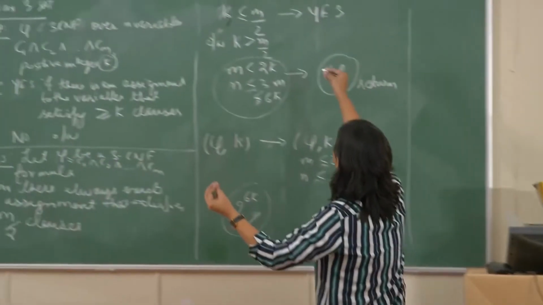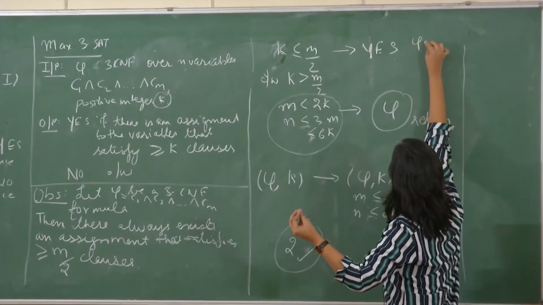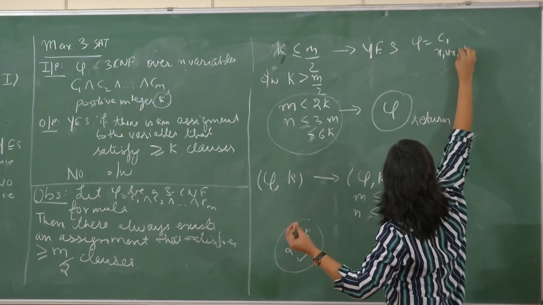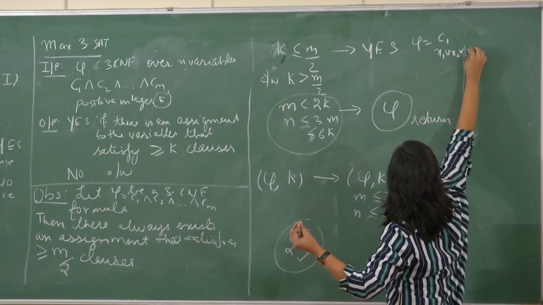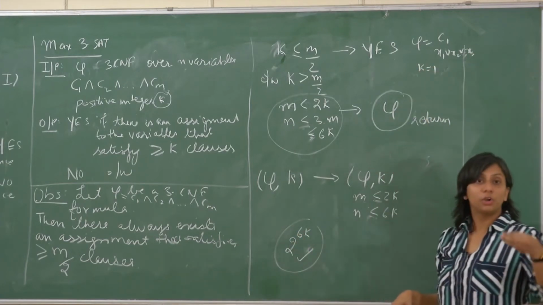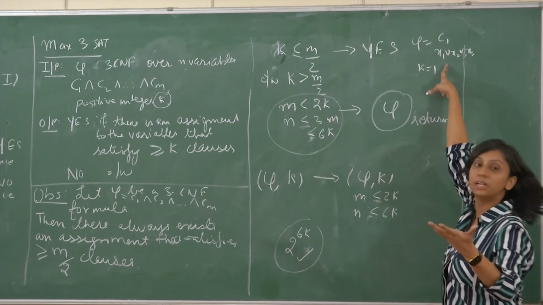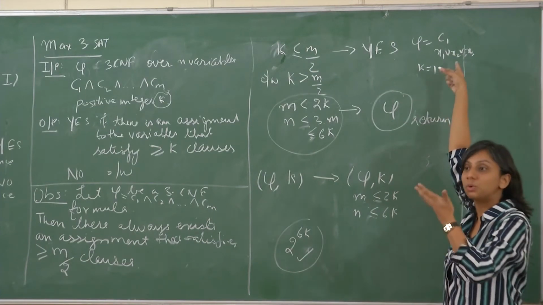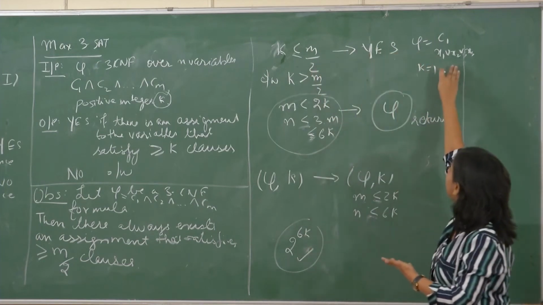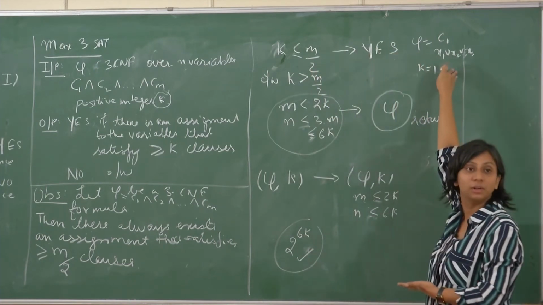For example, in this case, I'll output an instance where psi is a single clause, which is x1 or x2 or x3, and k is say 1. So you want to find an assignment that satisfies at least one clause. So this is always a yes instance, right? I've output an equivalent instance, and of course its size is small.